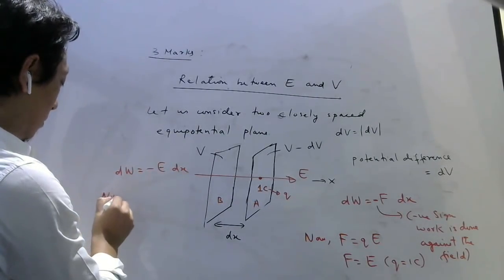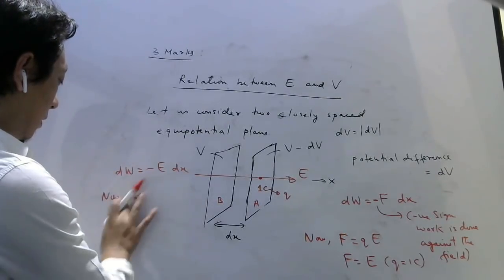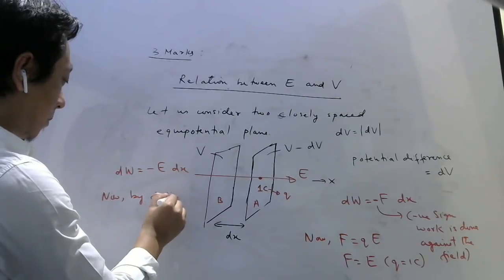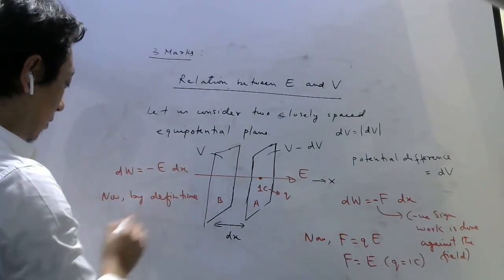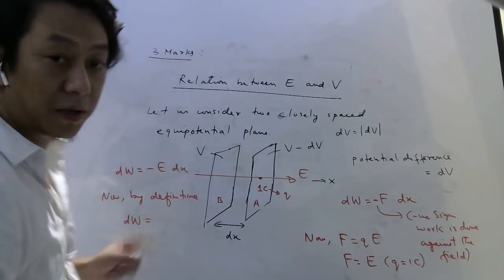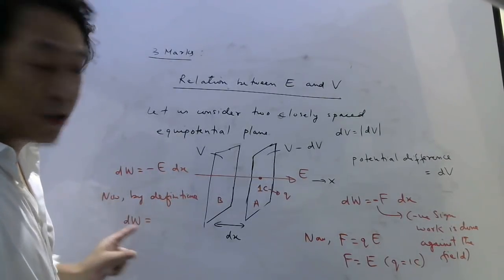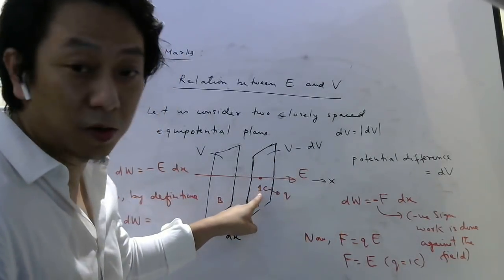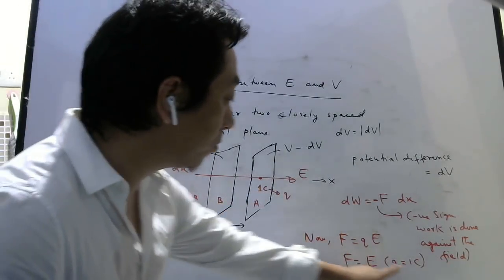Now, by definition, what is this dW? Think carefully. By definition, what is dW? Work done. What kind of charge are we taking? 1 coulomb charge. That's why I wrote Q equals 1.